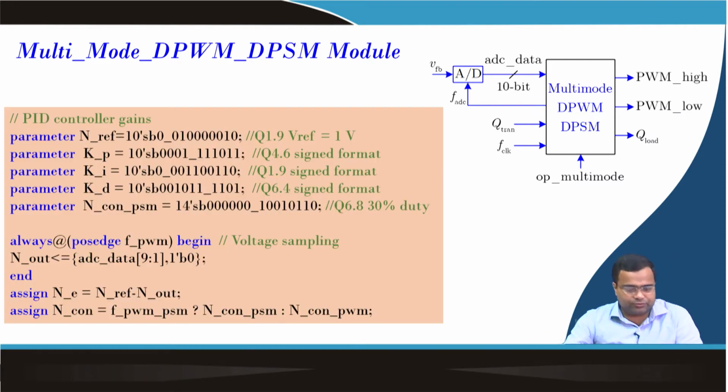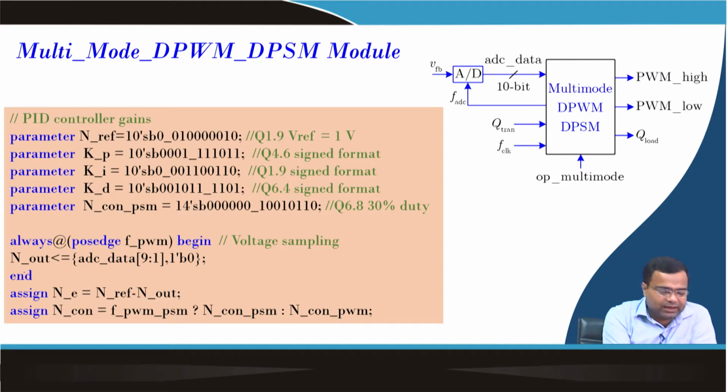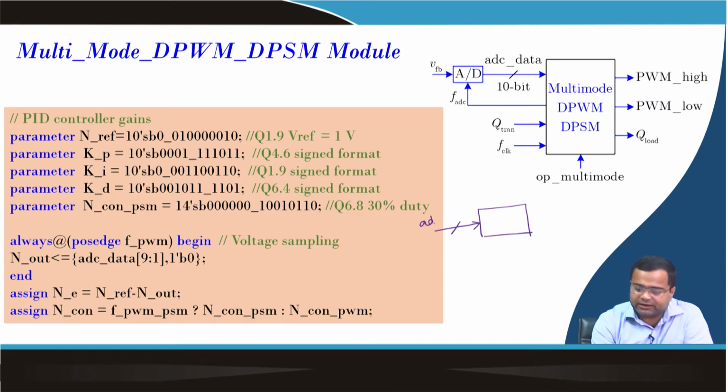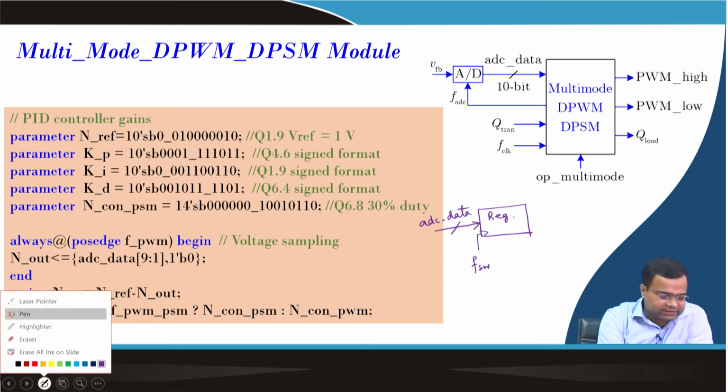Now, what are we going to do? Here we are taking the output voltage, and whatever ADC data is coming, we have discussed multiple times. This is our ADC data, this is the register, and we have a clock, that is our switching frequency clock, or here we are calling it the PWM clock.